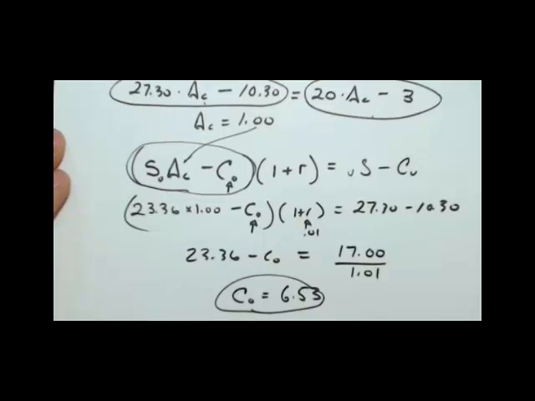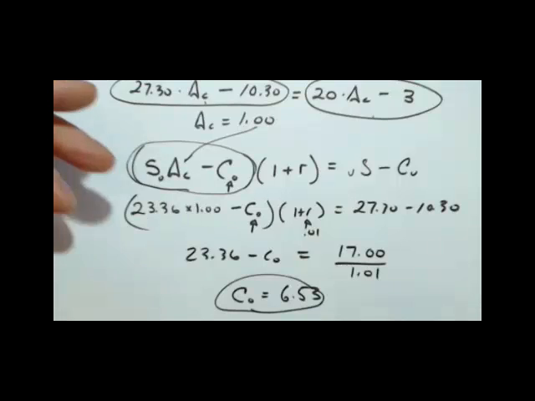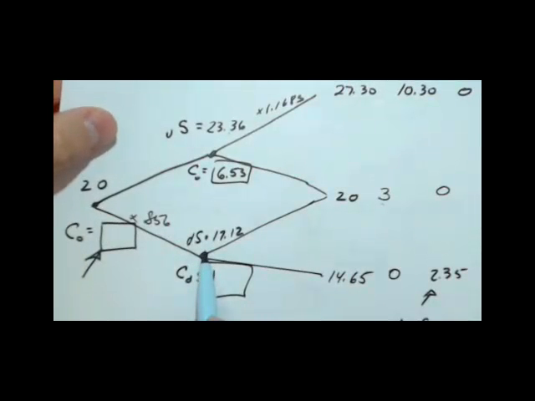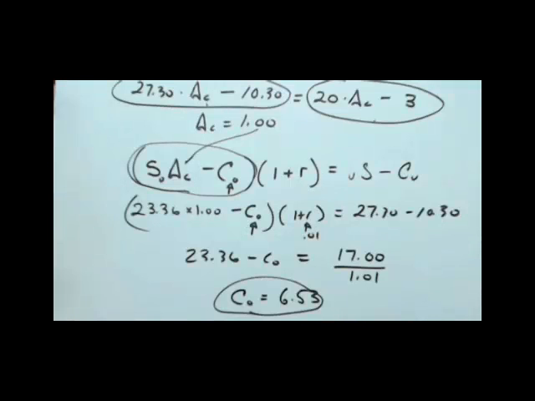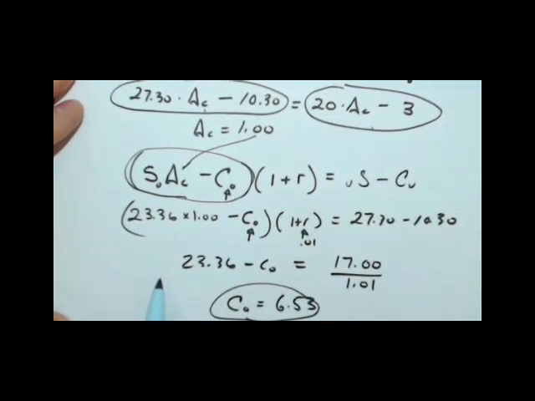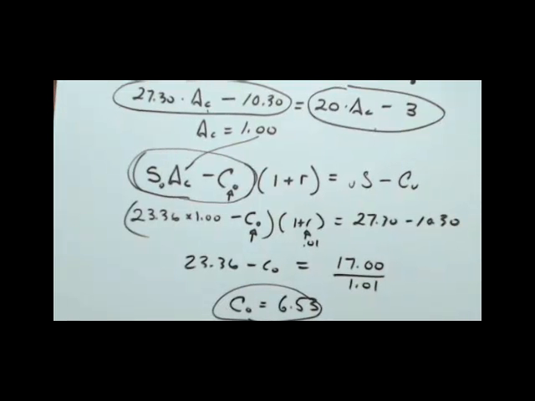So now I'm going to say, look, I'm looking at it from this perspective, on the upstate and downstate. In the upstate, it's 20 delta C minus 3, and that will equal the downstate, minus 0 for the down call.